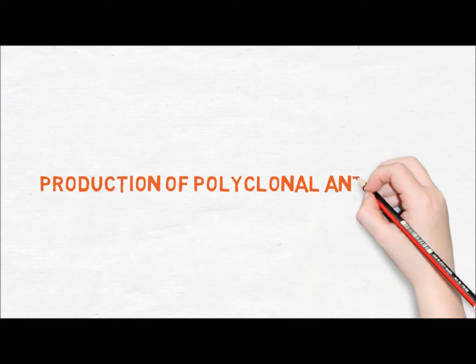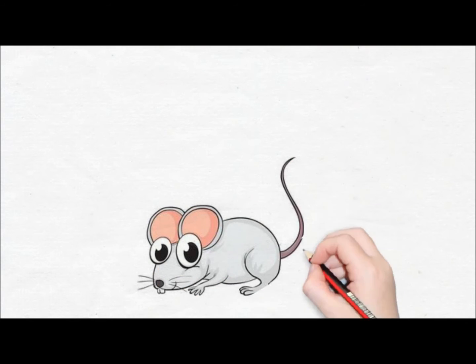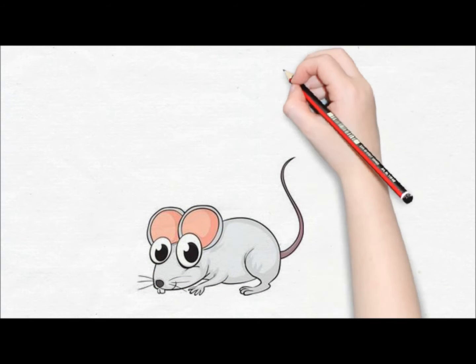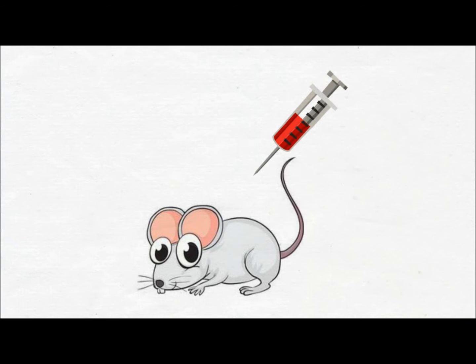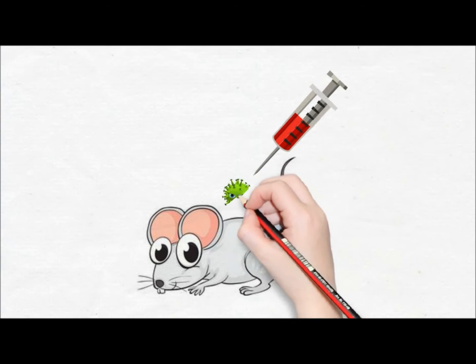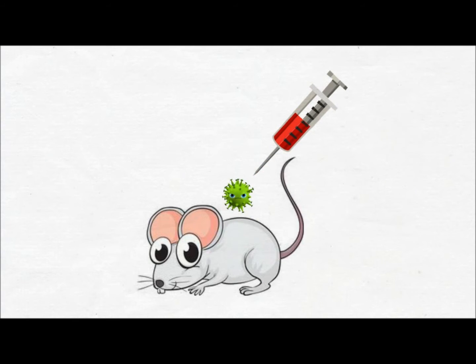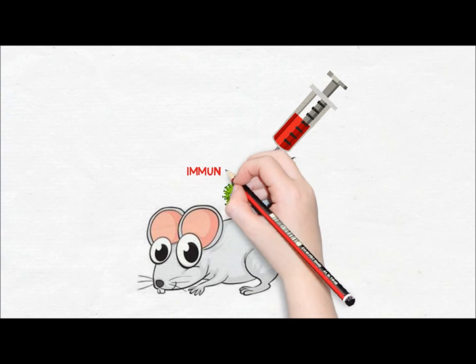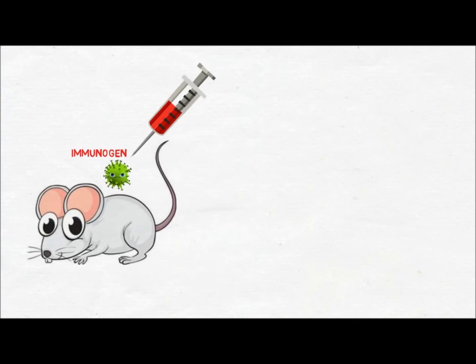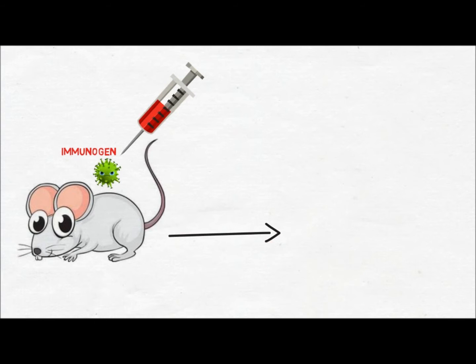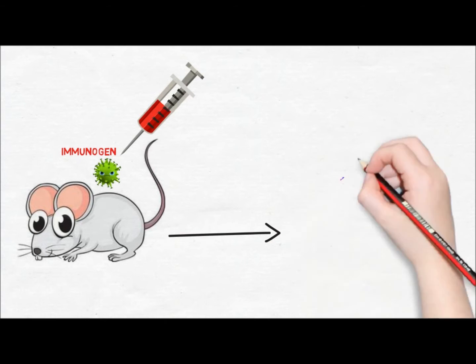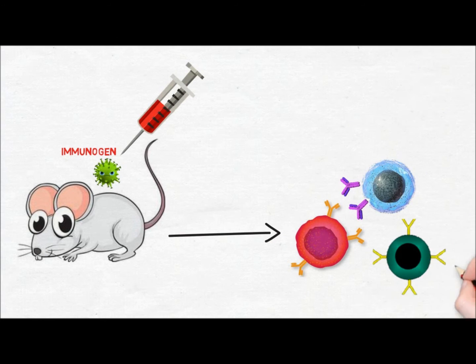Coming to the production of polyclonal antibodies, the first step is the same as monoclonal antibody production. We take our little host animal, our rat, and we inject it with another type of immunogen, the immunization process. After the immunization process, again, an immune reaction will be generated and will lead to the activation of B cells.